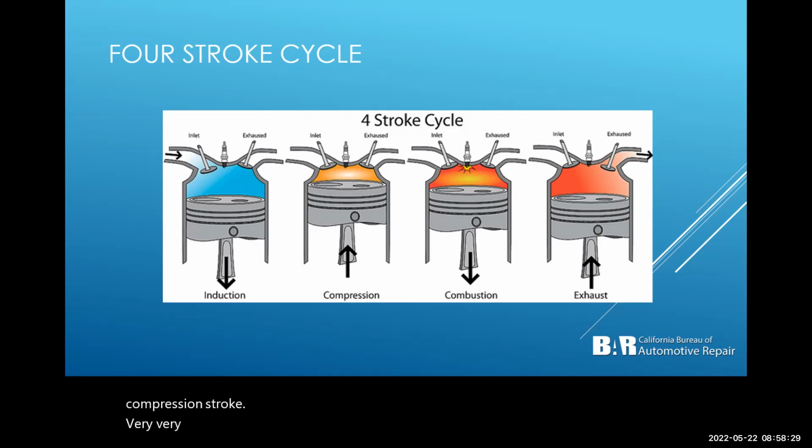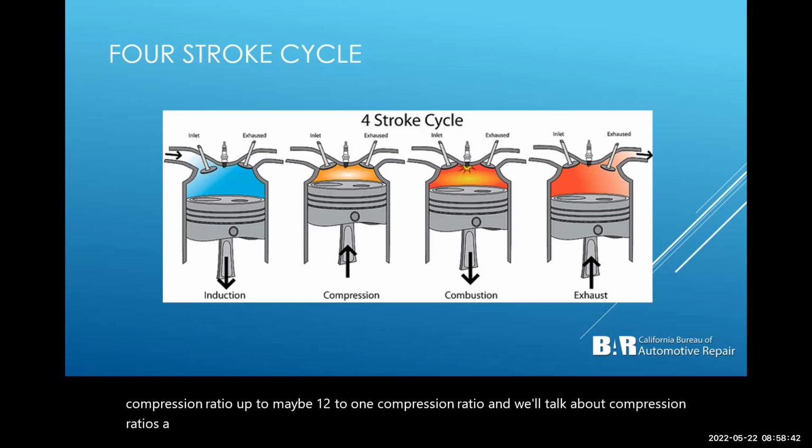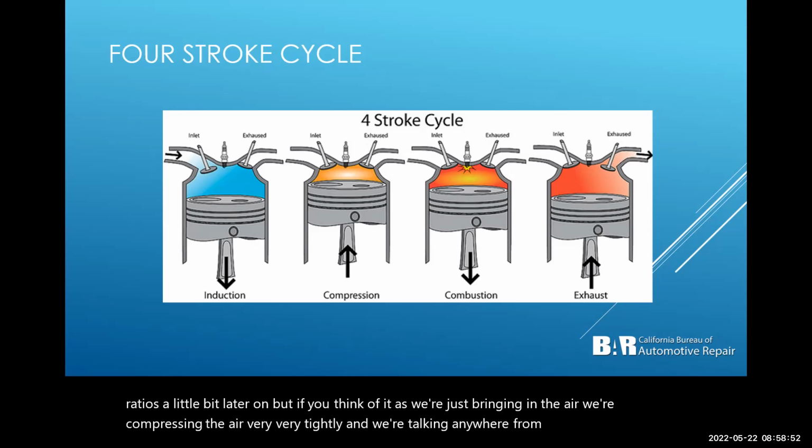On gasoline motors, we're probably talking anywhere from 8.5 to 1 compression ratio up to maybe 12 to 1 compression ratio. And we'll talk about compression ratios a little bit later on. But if you think of it as we're just bringing in the air, we're compressing the air very, very tightly. And we're talking anywhere from 16 to 1 to 22 to 1 on some diesel engines.